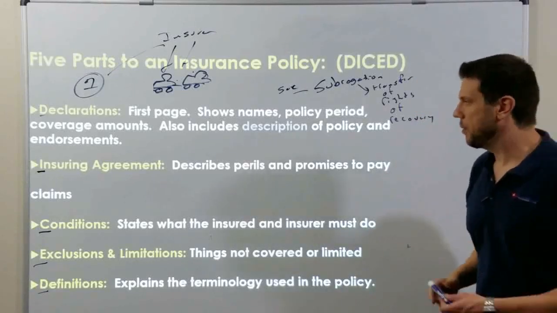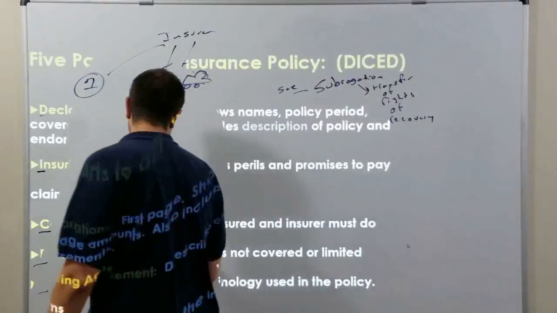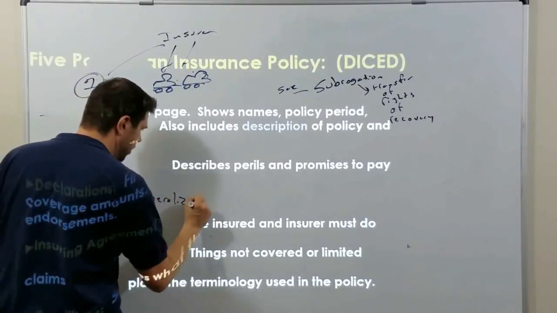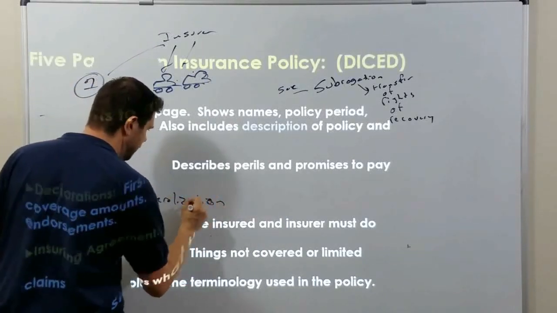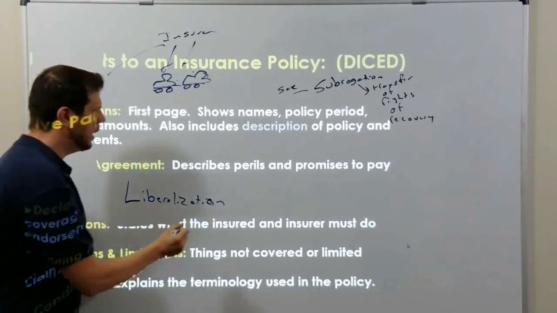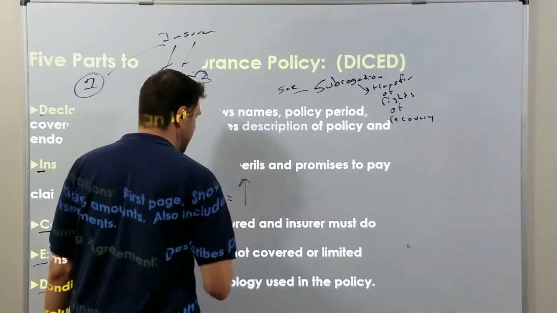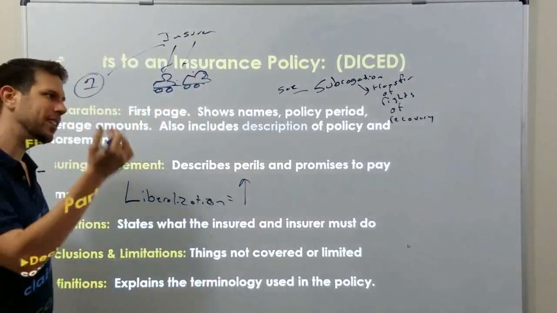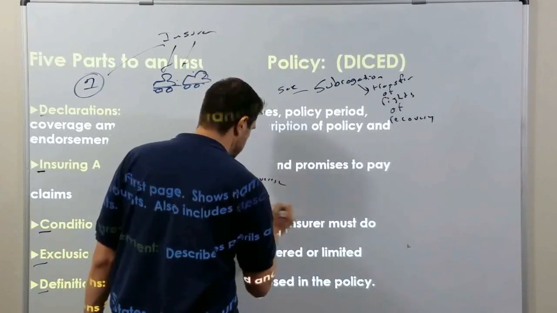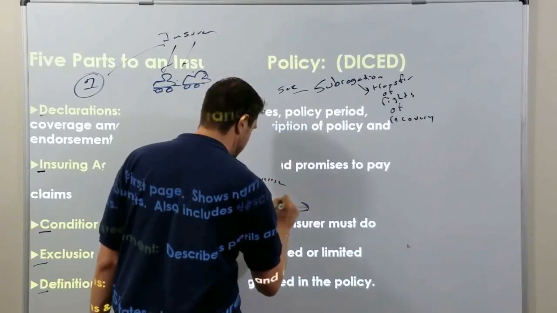Here's another definition. Do you know what the word liberalization means? It's also in your policy. Liberalization is when the customer receives increased coverage, but their premiums stay the same.